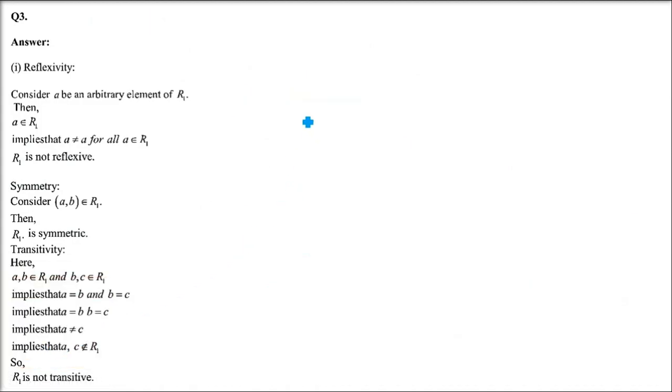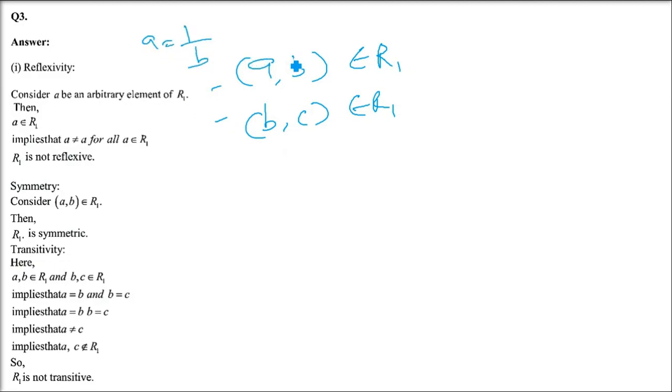Now coming to transitive. Transitive means if AB belongs to R1 and BC also belongs to R1, then AC should be in this relation. We are assuming AB and BC hold. A is 1 by B, since AB is holding, and BC is holding, that means B equals 1 by C. From this we have to get that AC also holds in this relation.